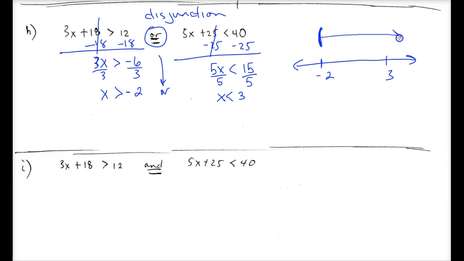So this is the x is greater than negative 2, and this is the x has to be less than 3. So what we want is the values of x that come from either this set or this set of values. And what you'll notice here is that as long as we pick from one, it could be in this final solution set.